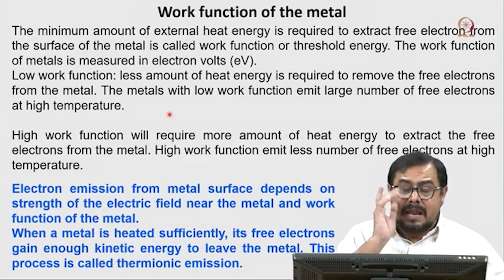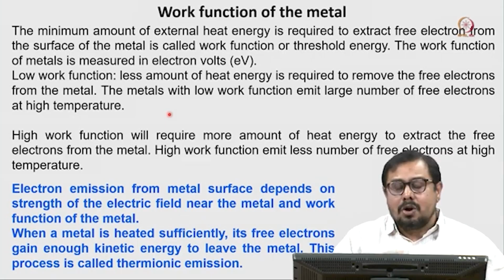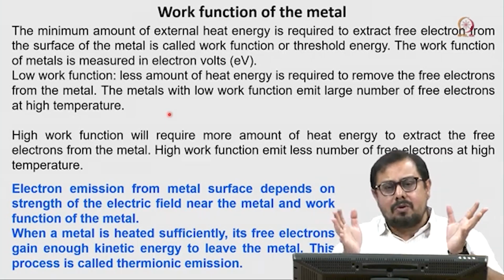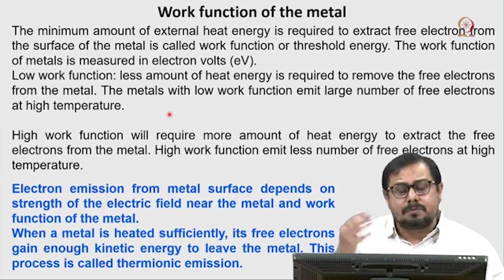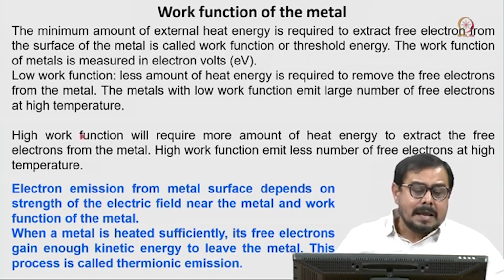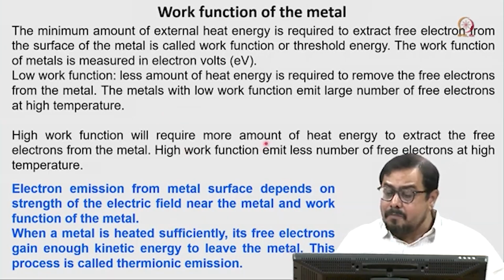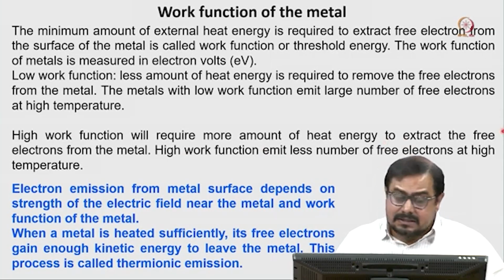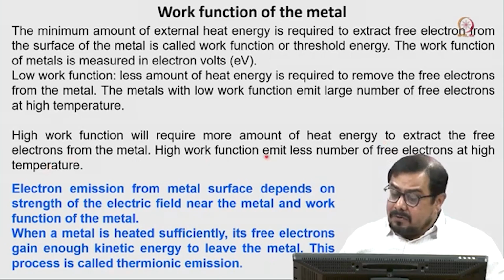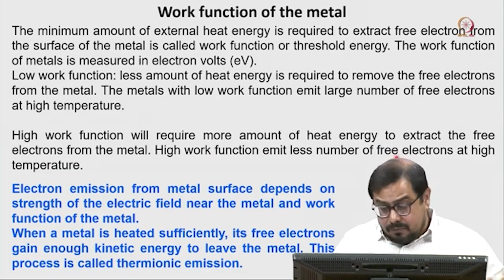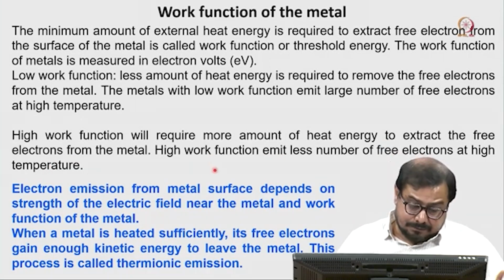So, we need a metal like that, which can release a good amount of electrons that we can use for the electron gun. A high work function requires more heat energy to extract the free electrons from the metal, and emits fewer free electrons at high temperature.